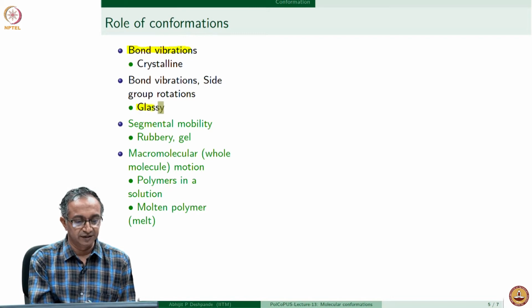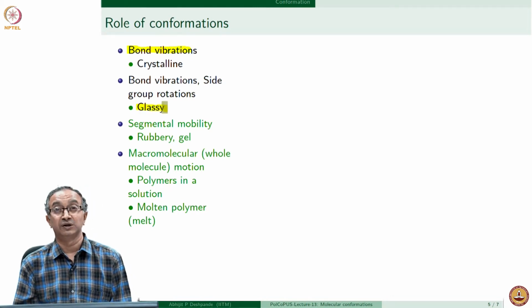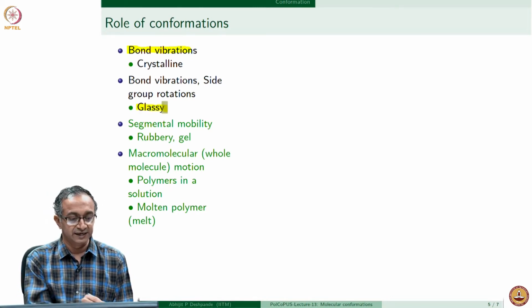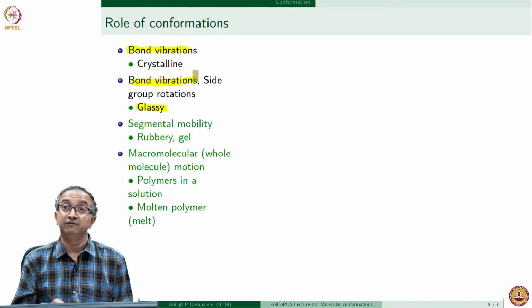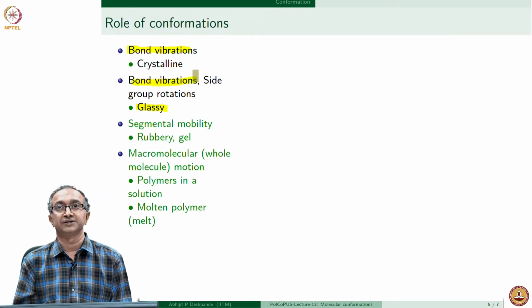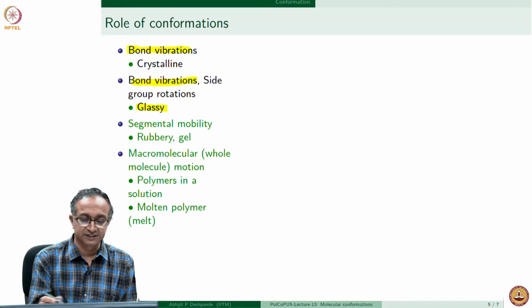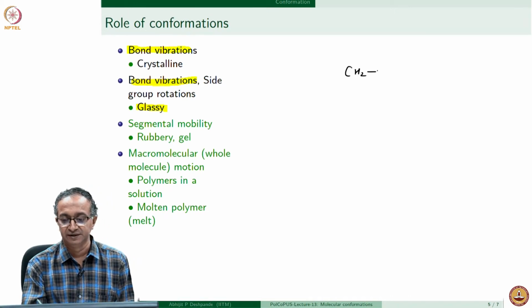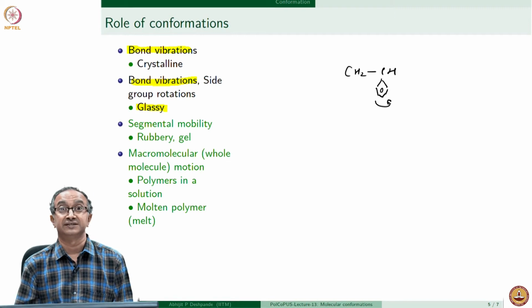Similarly, if we go to an amorphous solid state or a glassy state, then again bond vibrations are there, and maybe we will see that in glassy state of macromolecules, side groups may be able to rotate. We will see this, for example, that if you have polystyrene and then the side group, which is this benzyl group, can rotate even in glassy state.